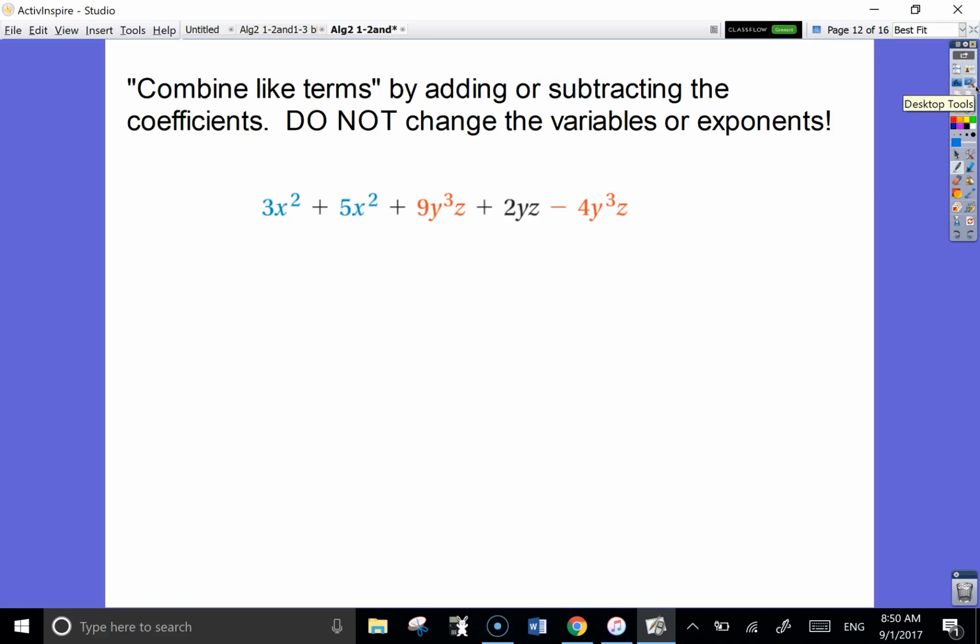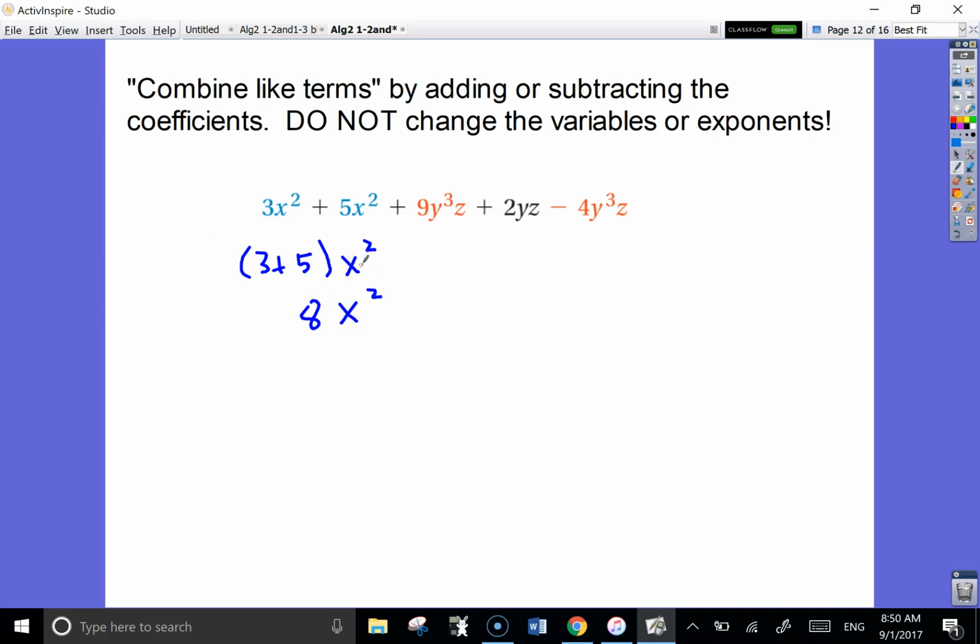Now, you combine like terms by adding or subtracting the coefficients, right? But you do not change the variables or the exponents, right? So like if I want to add 3x squared plus 5x squared, what I'm really doing here is going 3 plus 5, those are the coefficients, times x squared, which is 8x squared.